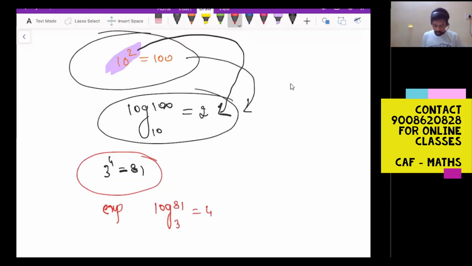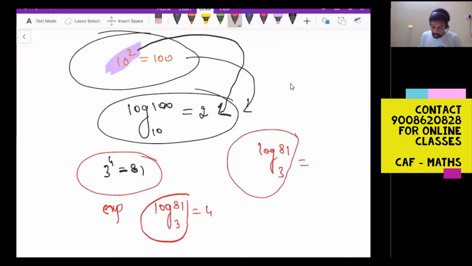Are you getting this? So this is how it is pronounced: log of 81 to the base 3 is 4. Log 81 to the base 3 means what should be the exponent of 3 such that the number becomes 81?